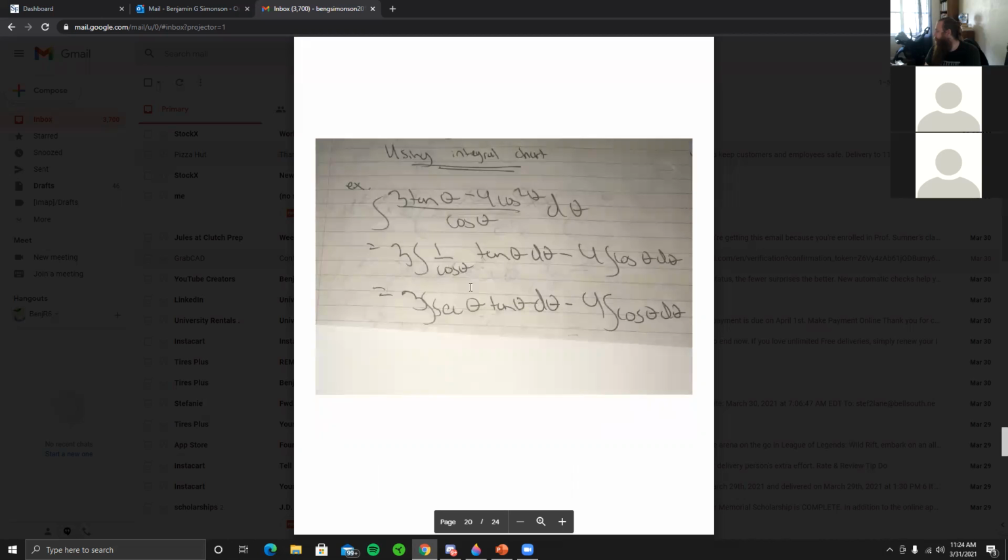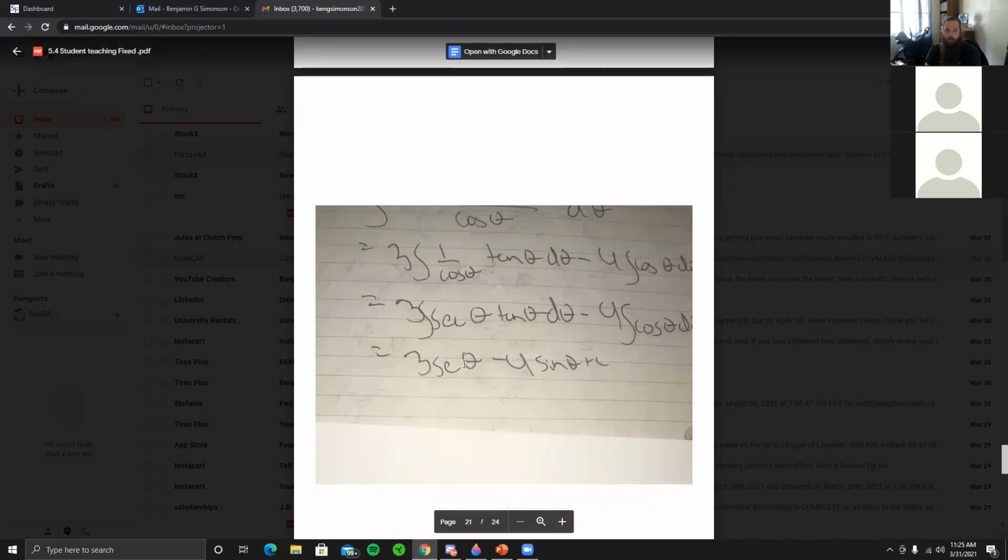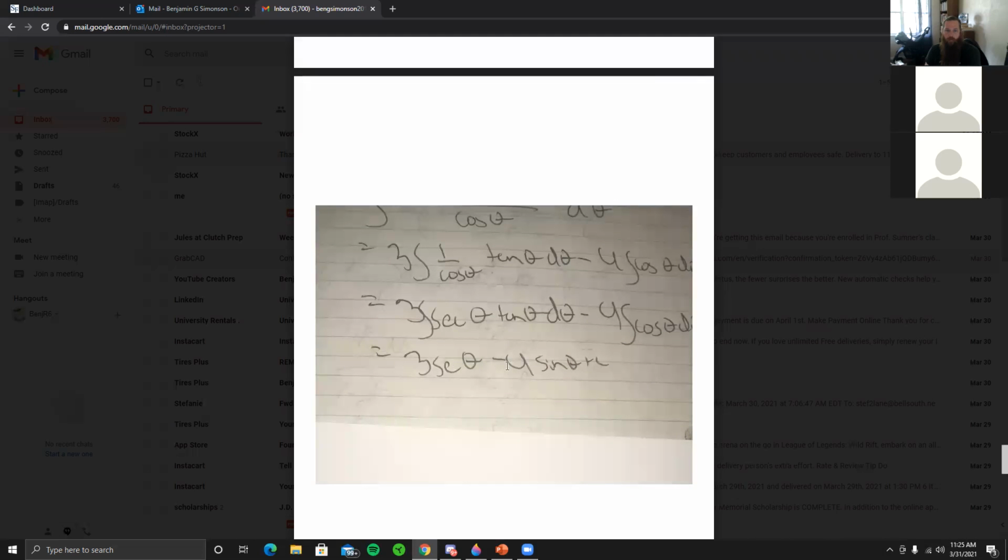So here we'll have the secant theta times the tangent theta minus the cosine theta d theta. Now using the chart, we'll get secant theta minus the sine theta plus c. And then you have to distribute your coefficients. So you get 3 secant theta minus 4 sine theta plus c.